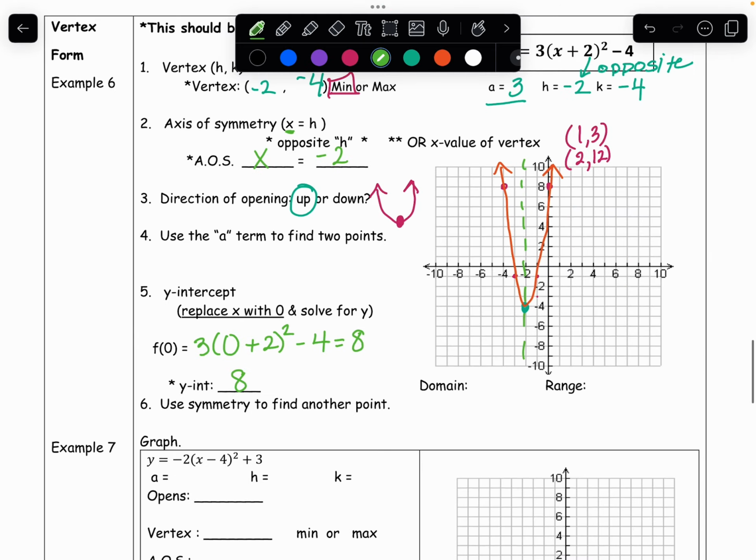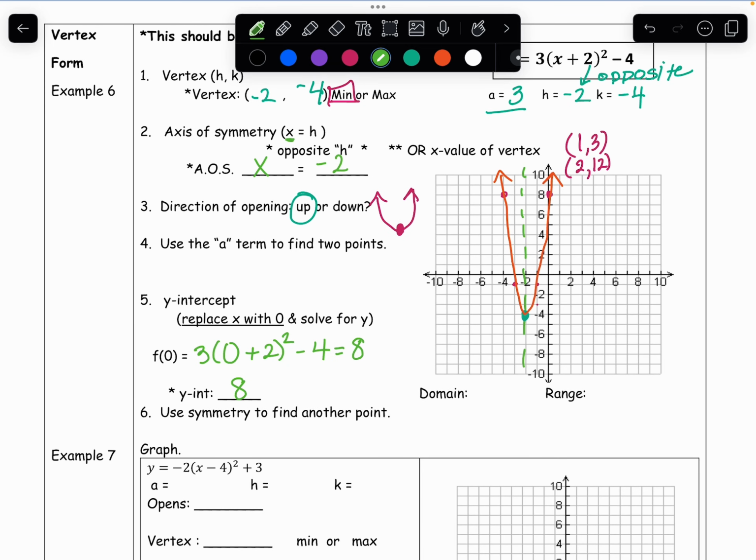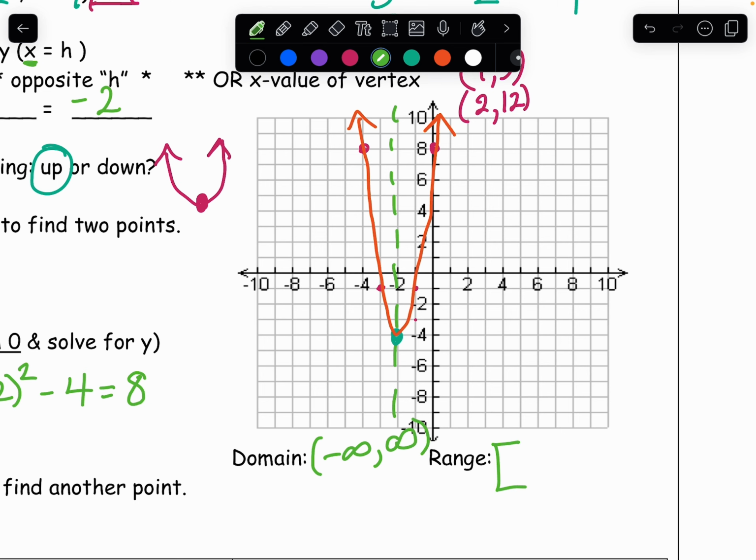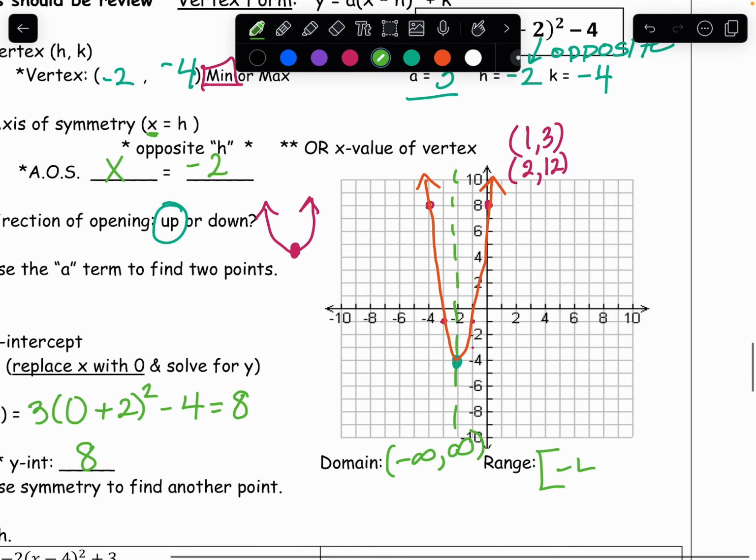So you can plug that into your vertex form to kind of make sure that you did plot it correctly. And so domain negative infinity to infinity, and our range is bracket the y value of our vertex, which is negative 4, to infinity.